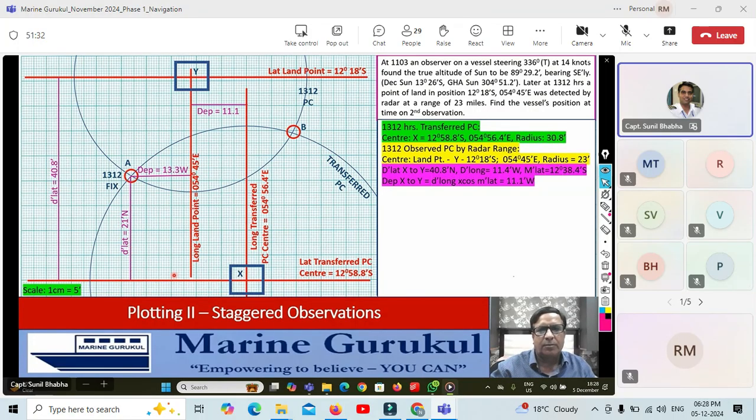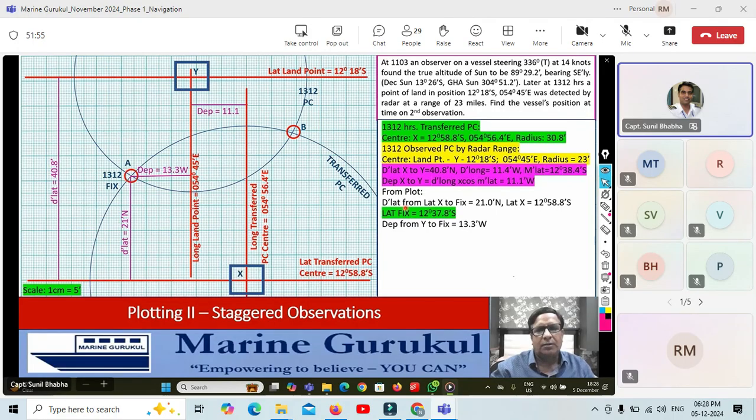We get the D-lat from latitude of X as 21 minutes north, and we get departure from longitude of Y as 13.3 minutes west. We can use plane and parallel sailing formula and use the coordinates of the reference points from where the measurement of D-lat and departure has been done.